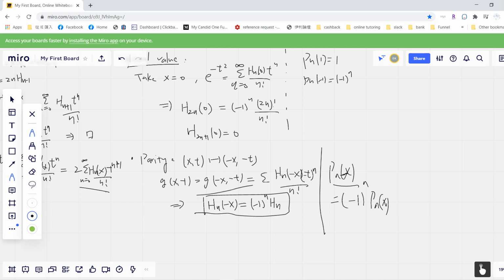So this generating function is still the same, and we get the sum of H_n of negative x, minus t to the n, from 0 to infinity. Compare these two, and then we get H_n(-x) equals (-1)^n H_n(x). So this is exactly the same as Legendre, which just tells you that if n is even, H_n is even, and if n is odd, then H_n is odd.